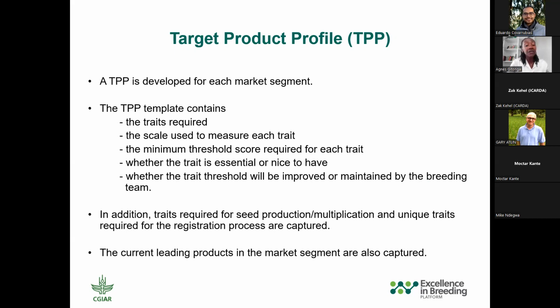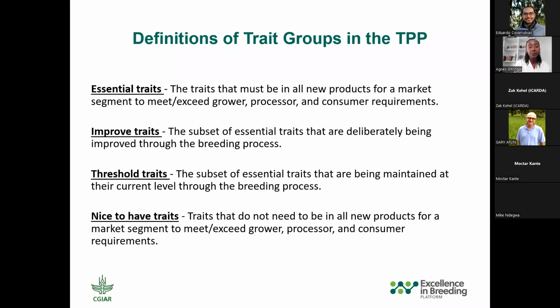If it's an essential trait, whether it will be improved or maintained by the breeding team. And it is also important to capture market information. For example, anything related to registration processes and the currently leading products in the market is also important to take into consideration as far as the target product profile is concerned.